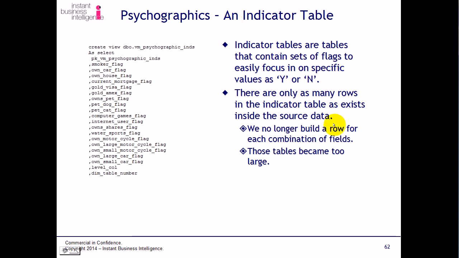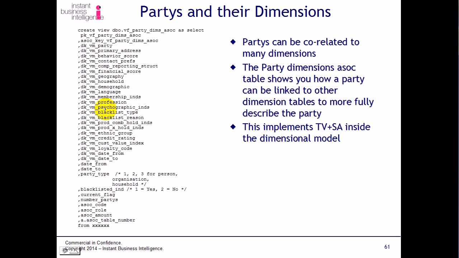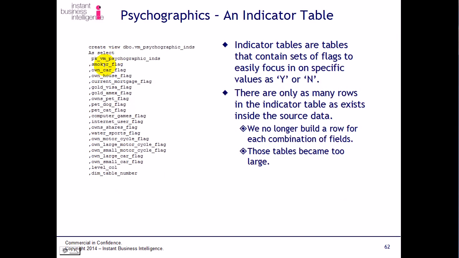The psychographics is an indicator table, and by indicator table we mean we just have a set of flags set to yes and no, which makes a matrix of all the things that can be said to be true about a certain party. And you saw that psychographic indicators was on here. So here's VM psychographic indicators, linked to party via party dimensions association. So each version of the psychographic indicators tells you all the things that are flagged for this person.